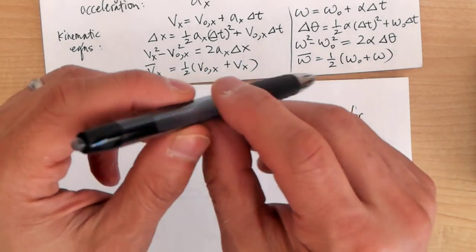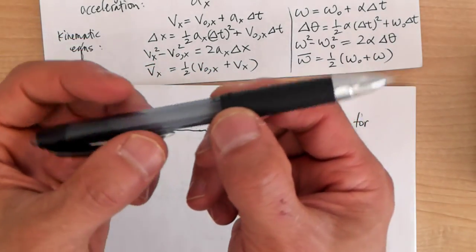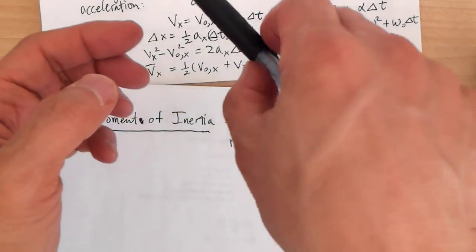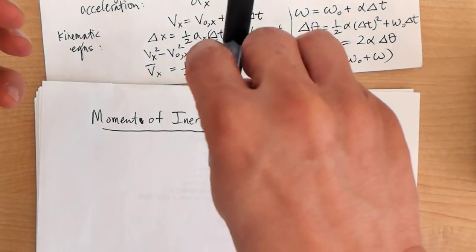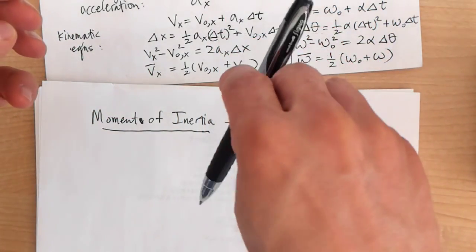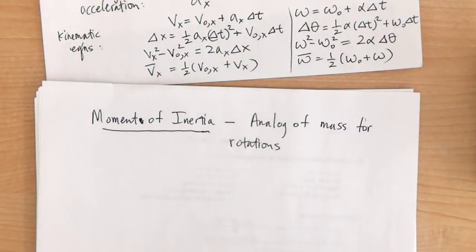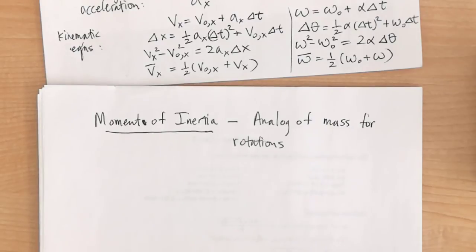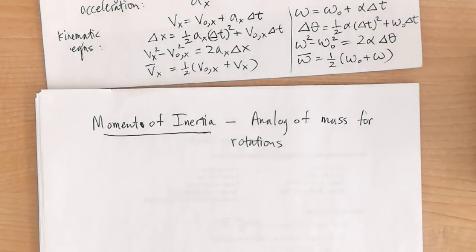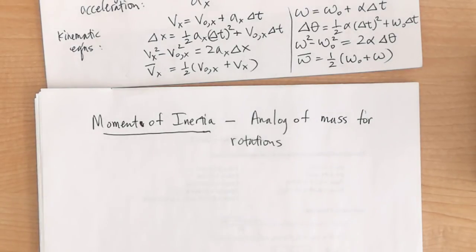But if I were to try to rotate the pen this way, it actually turns out to be a little more difficult because more of the mass is sticking out away from the rotation axis. So for the moment of inertia, it's not just the mass that matters, it's actually how far away the mass is from the rotation axis.